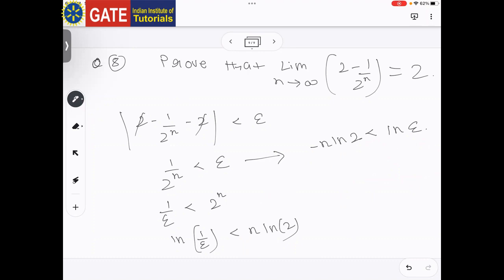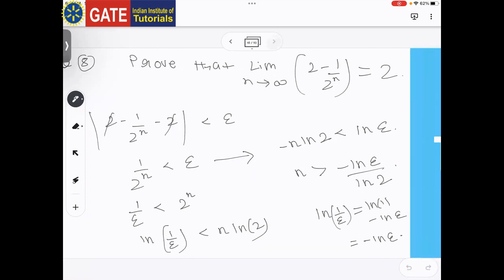Then I multiply both sides by the negative sign, so the inequality is changed. N is greater than minus ln epsilon by ln 2. Yes, so this is your answer. And ln 1 by epsilon is nothing but ln 1 minus ln epsilon, so it is minus ln epsilon. Okay, sir.